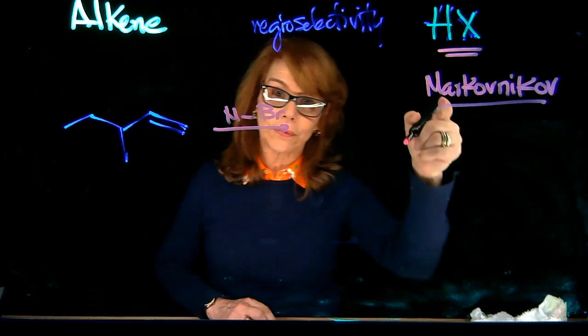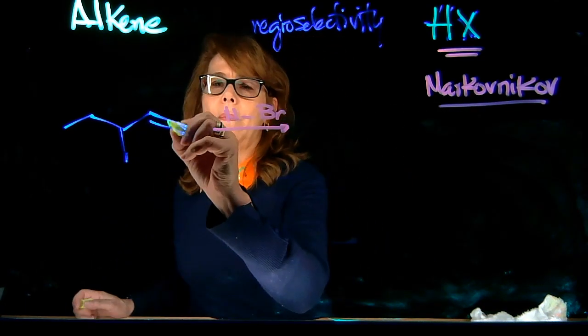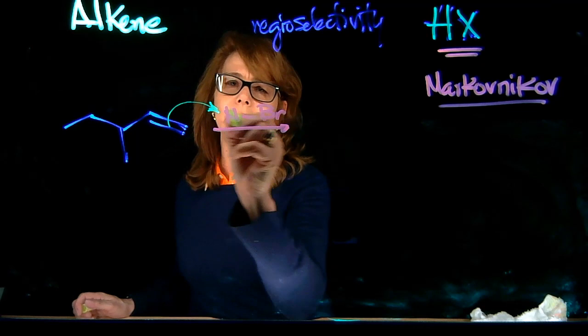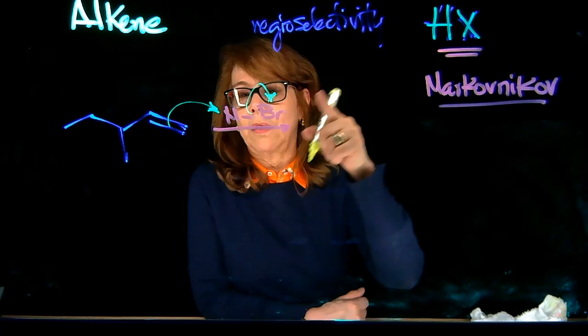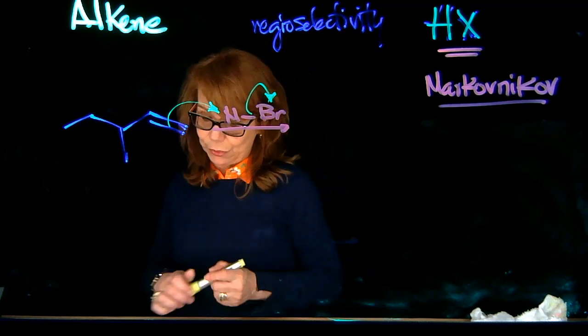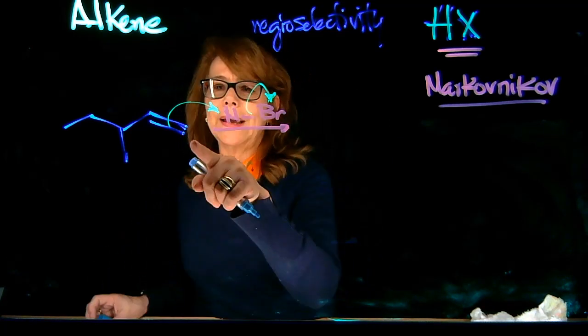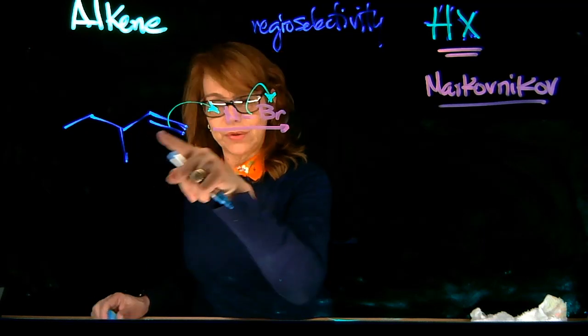And so what's the first step? We said the first step is a proton transfer, so the pi electrons act as a base, and this is going to go here. Regiochemistry, we know, is going to be Markovnikov because we want to generate the more stable carbocation. So we're adding the H at the least substituted, and the carbocation is going to be here.